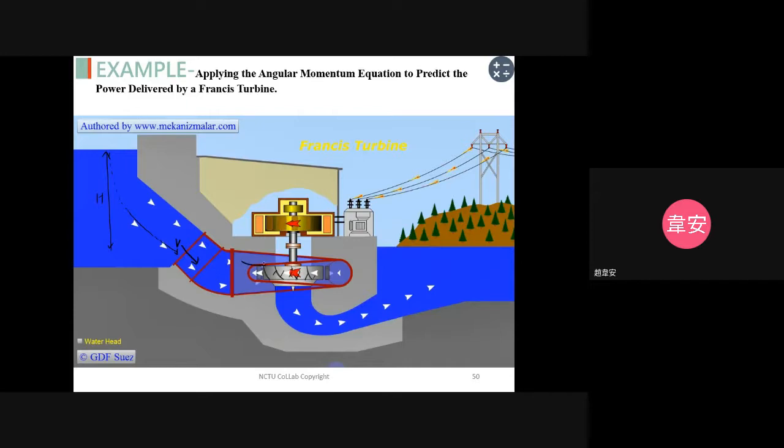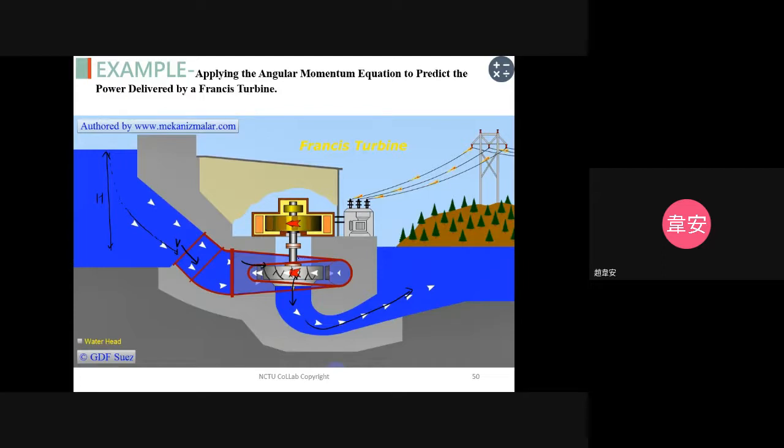So there is the inflow, and we have the outflow at the center runners, and the outflow water will flow back to the environment. And then since the runner is pushed by the water pressure, we will have the energy generators on the top, and we can deliver the power to other areas that have power requirements.